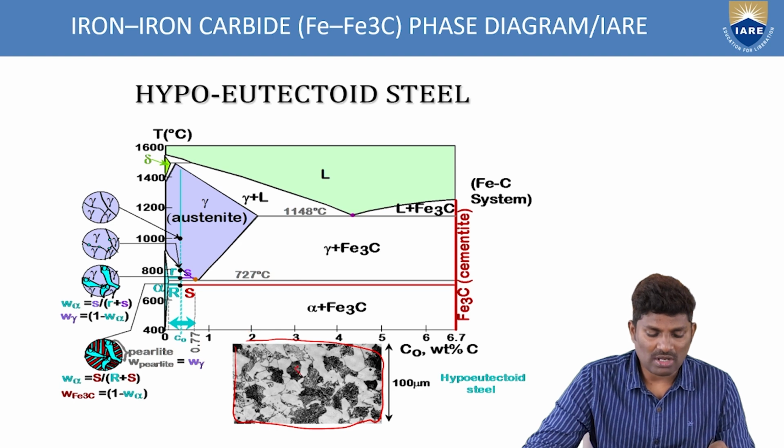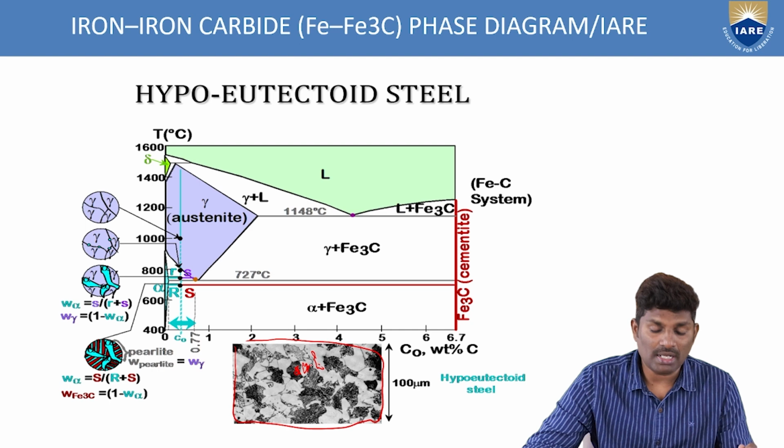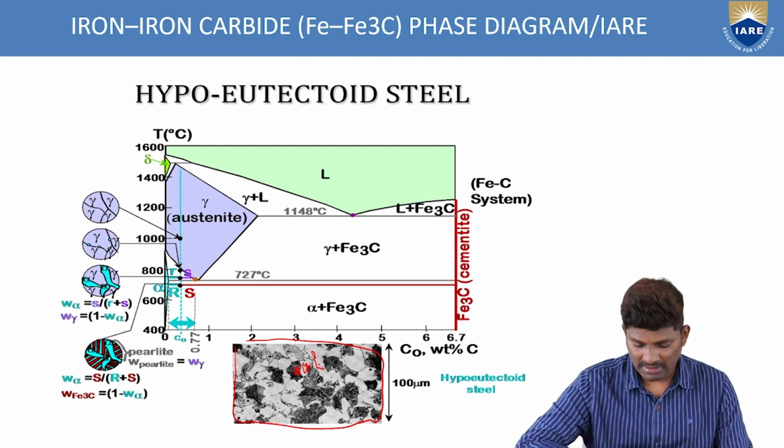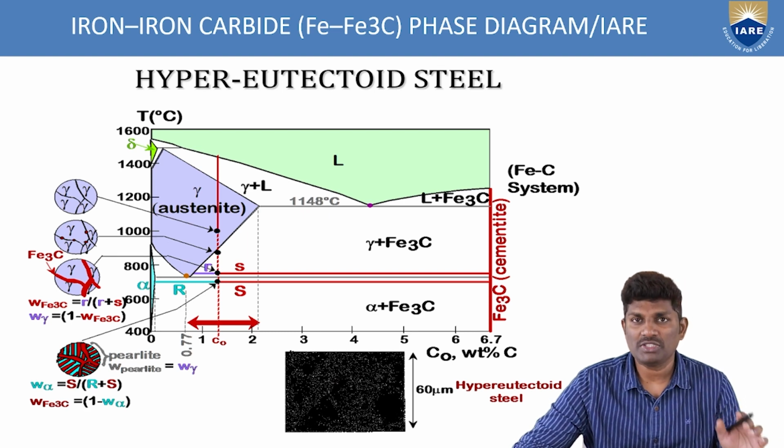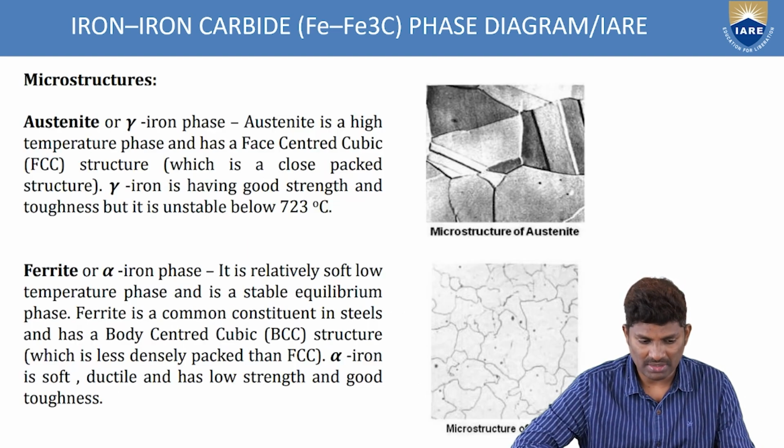Dark spots are called the carbon, and white patches will look like the pearlite and some austenite. In hyper, it is completely dark. Why? Because there is a high percentage of carbon content present at this junction.